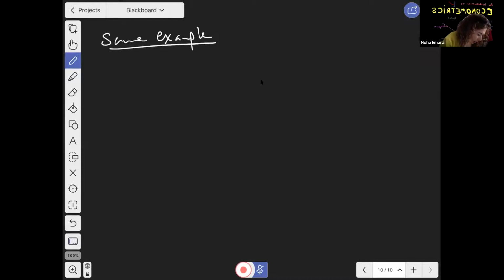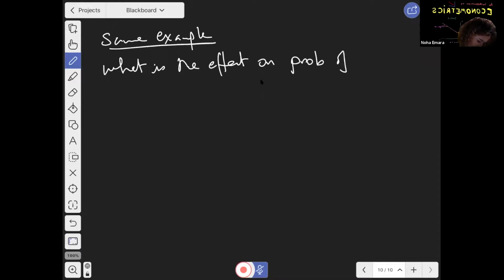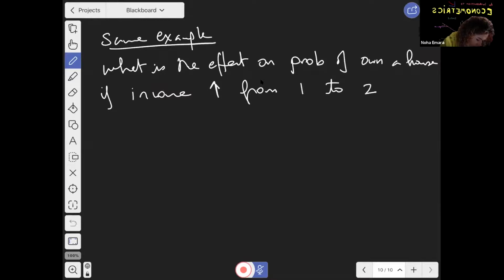So, what is the effect on the probability of owning a house if income increases from 1 to 2, 1,000 to 2,000?